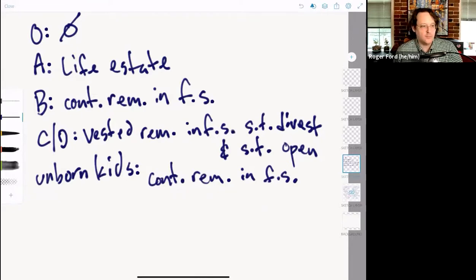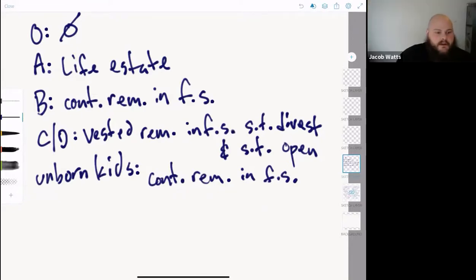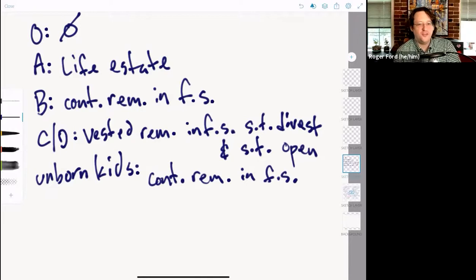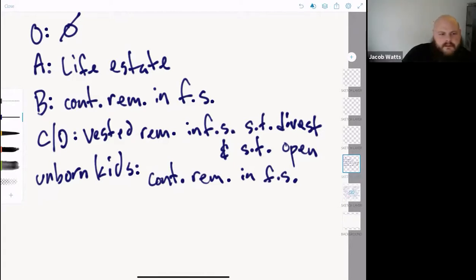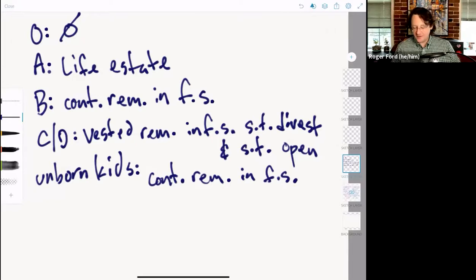Vested remainder in fee simple, just subject to open. So does B ever get it in your scenario? If the kids, I guess, yeah. So if the kids die before A dies? That's exactly the scenario, right? If the kids all die before A dies, and A doesn't have any more kids, then B gets it at that point. So that would unvest them.